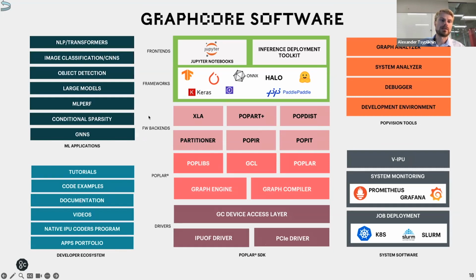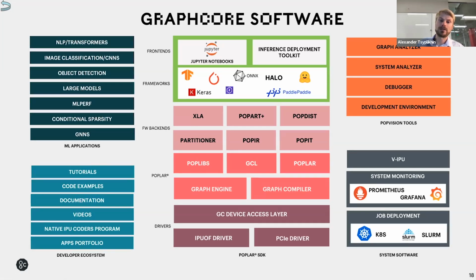We have a bunch of examples of machine learning applications across different domains, and that model garden is a nice interface to discover those. And I've mentioned the components of the developer ecosystem. PopVision tools will be covered in the session tomorrow.